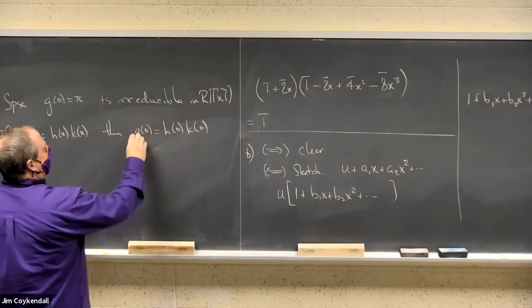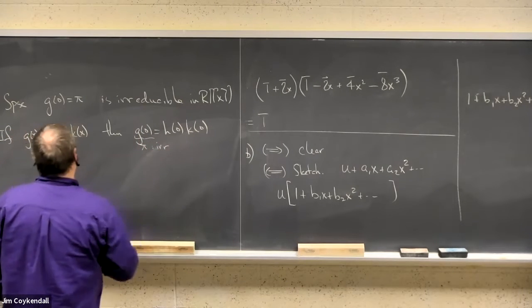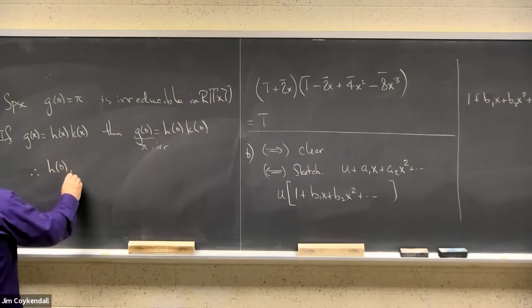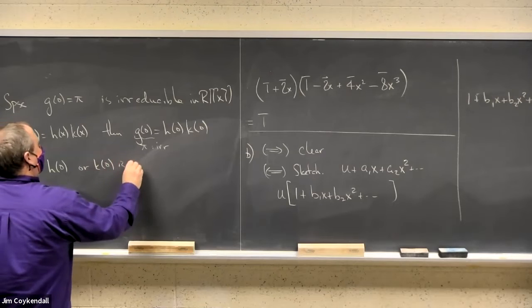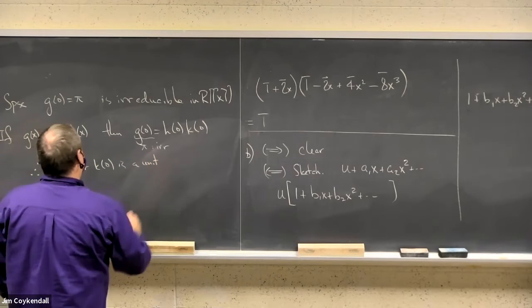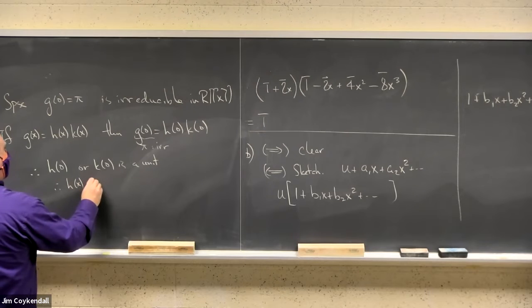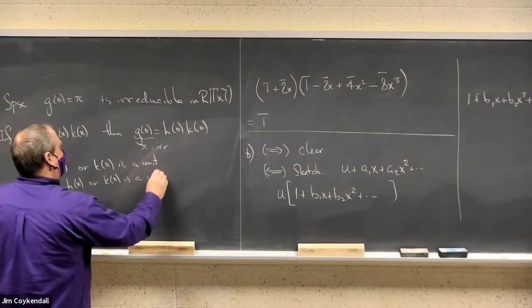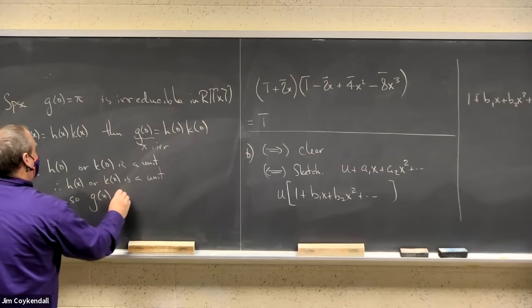But this is pi, which is irreducible. Therefore, h of 0 or k of 0 is a unit. Therefore, h of x or k of x is a unit. So g of x is irreducible.